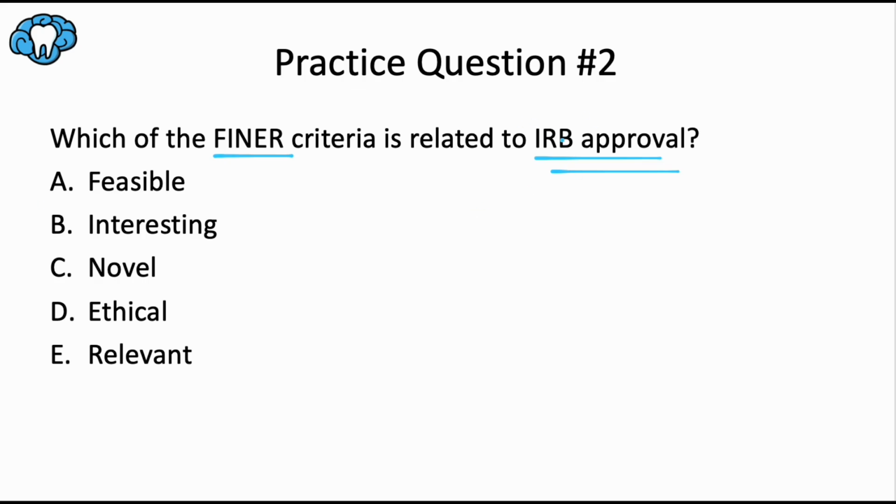Well, this is responsible for assessing the ethical nature of a paper, whether it's fair and considering the rights of all the human subjects. And so IRB approval is necessary for all papers that are going to include human subjects before that paper is published. So the correct answer for this question is D, ethical.